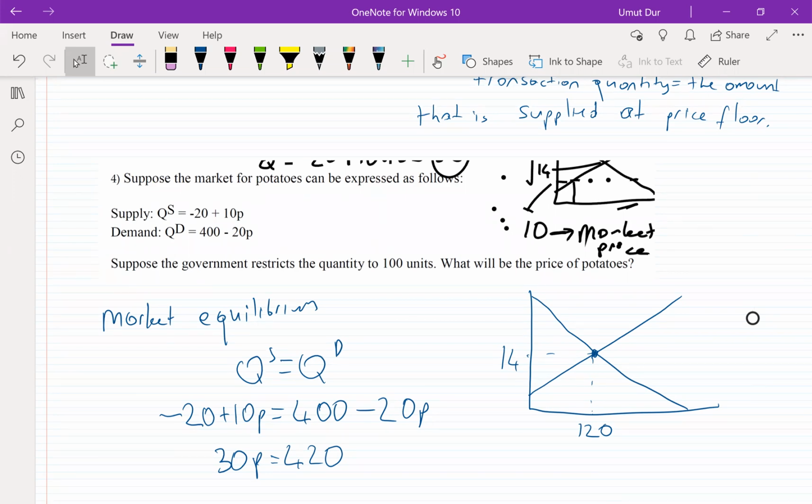So this is different from the price floor and price ceiling. The government is just telling us that the maximum quantity that can be transacted is 100.